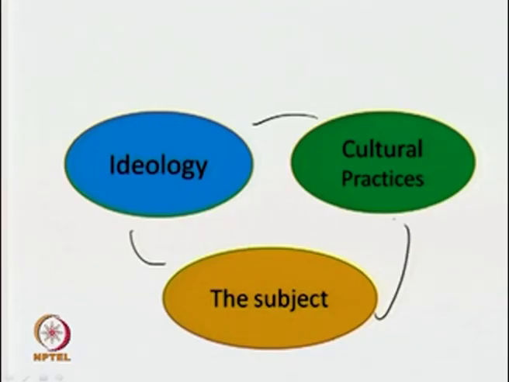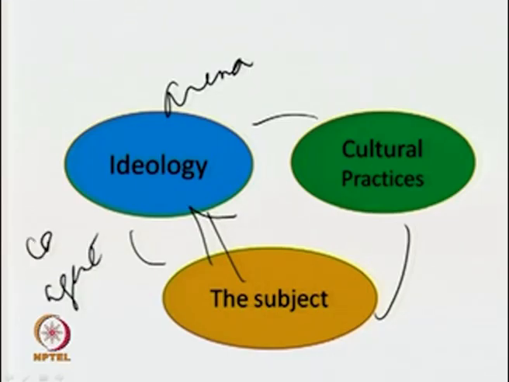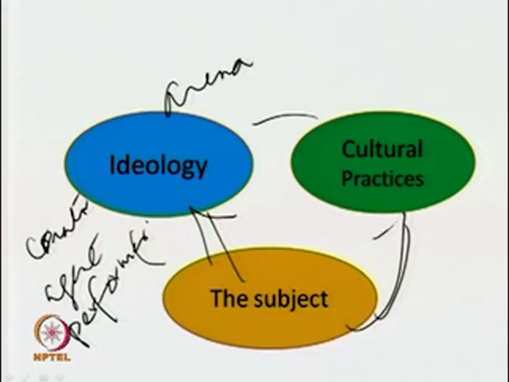Ideology is the arena where we have the subject as an agent; the subject is a creator, and at the same time a performer, the one that carries out the cultural practices, and the cultural practices in turn are largely dependent on the ideology. So, this is a schematic way of showing the same thing that was said by Althusser just a while ago.